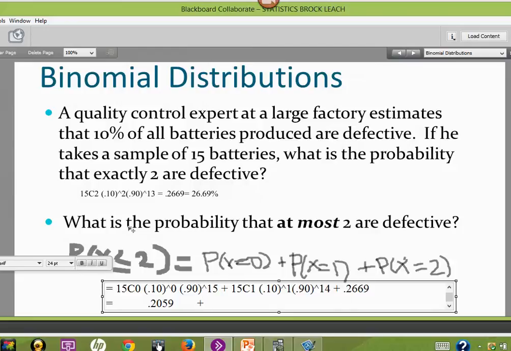And for the second, with one success, you should get 0.3431. And of course, for the last one, we already found that, so that's equal to 0.2669.